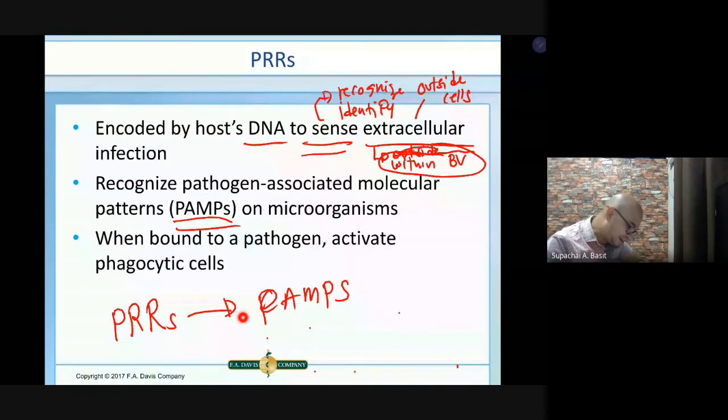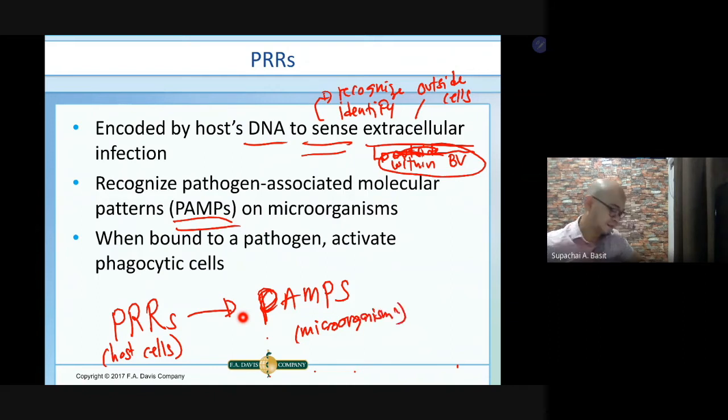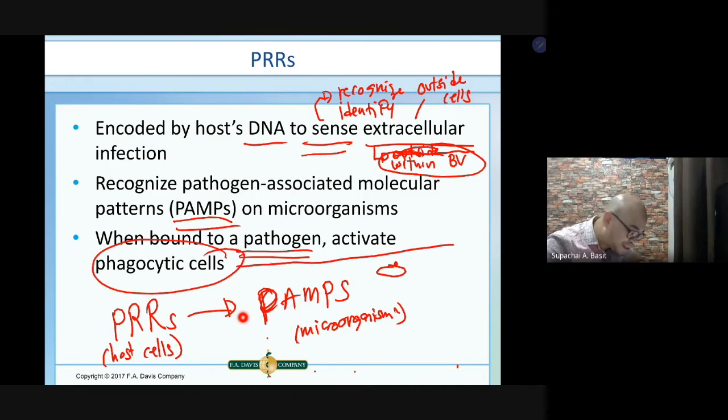Where can we find PRRs? In our cells, in our host cells. But where can we find the PAMPs? PAMPs are found in microorganisms. The most important thing about PAMPs is that when one is bound to a pathogen, meaning a certain bacteria has a PAMP, it can activate phagocytic cells.